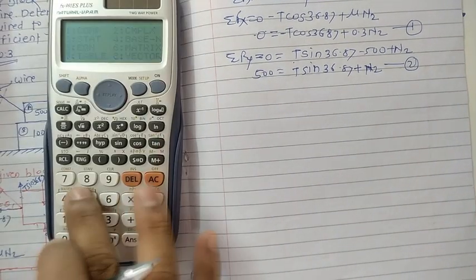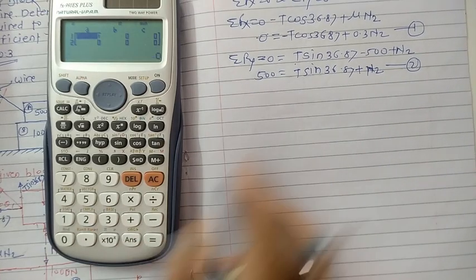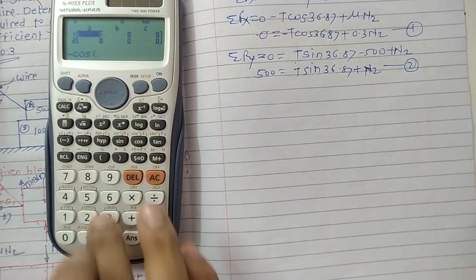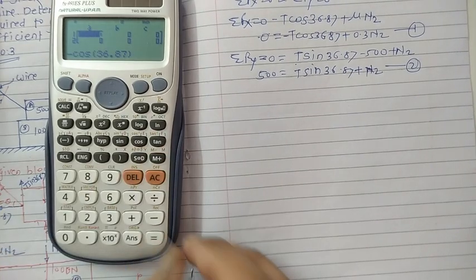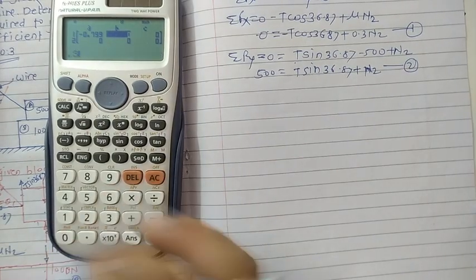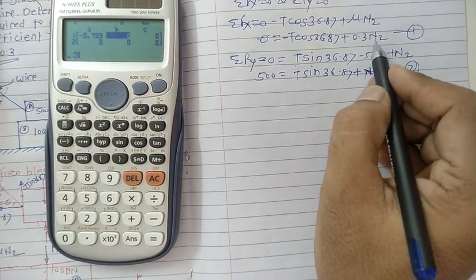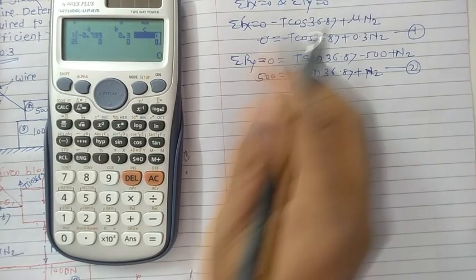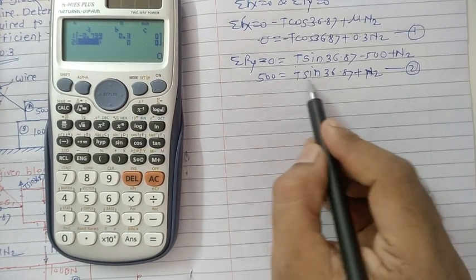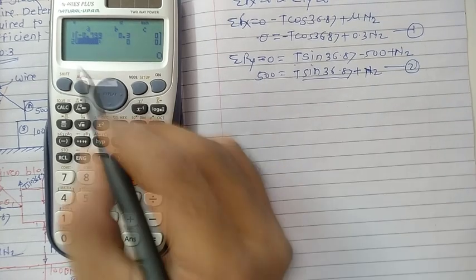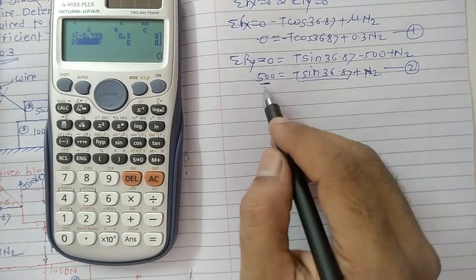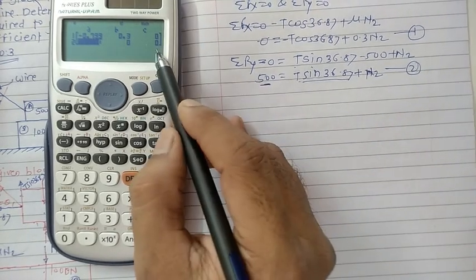Here is equation number 5. The coefficient of the first term with us is 1, and the second is minus cos of 36.87, press the equal button. Automatically the cursor will move to the next position. Here the coefficient of N2 with us is 0.3, press equal. The constant term with us is 0, press the 0 button. Then here is the next equation. Don't substitute the value 500 here, because this place is for the coefficient of the first term. 500 is nothing but the constant term, so you have to write the constant value at the third place.